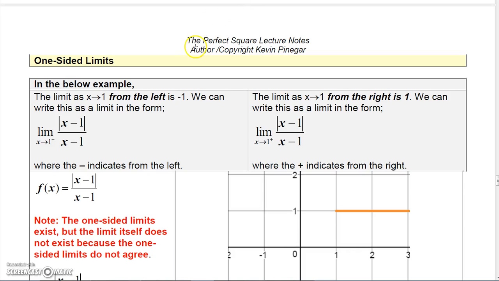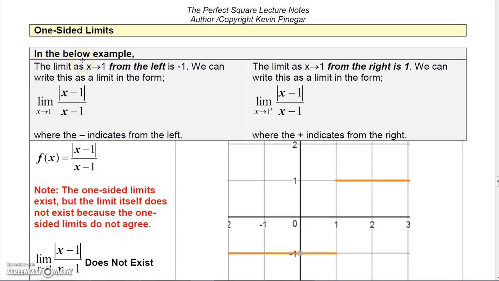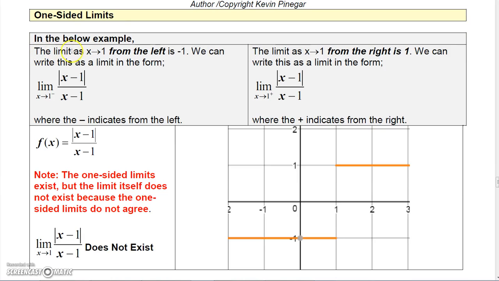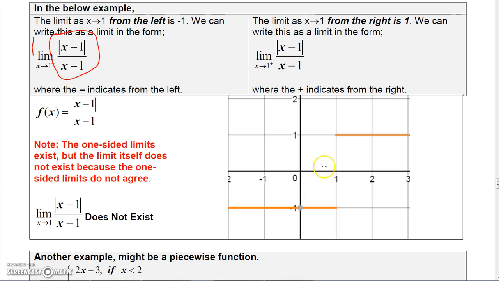Okay, we're going to move on to something called one-sided limits. And let me start you out with an example. If you were to graph this function, absolute value of x minus 1 over x minus 1, basically the graph looks like this. And actually, if you graph it, you're going to find that there's no value at 1 here.